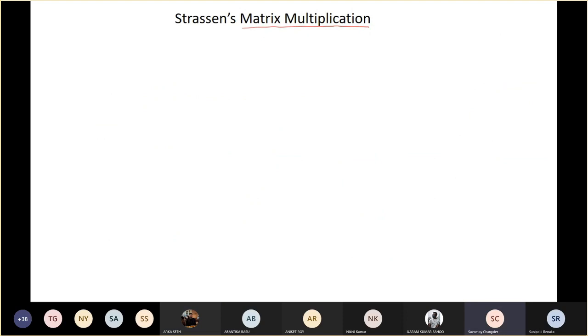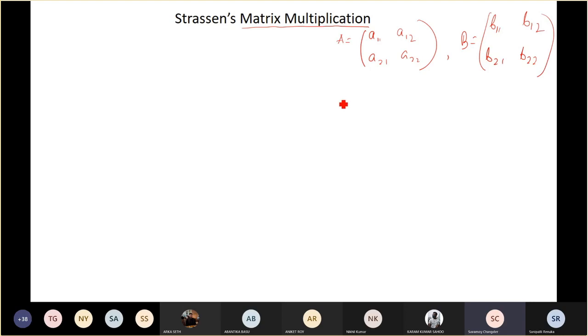Okay. So we have two matrices to multiply. Let A11, A12, A21, A22, and we have another matrix B11, B12, B21, B22.